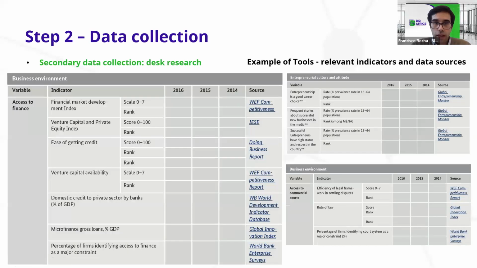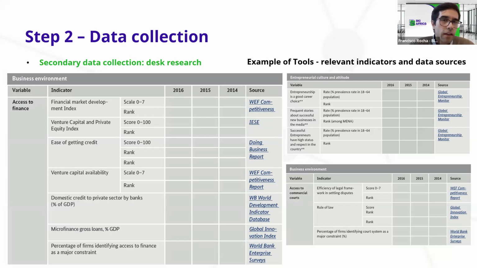If we move to the next slide, you will see other tools, but here not as much related with benchmarking qualitative information, but rather relevant indicators and data sources from different sources.